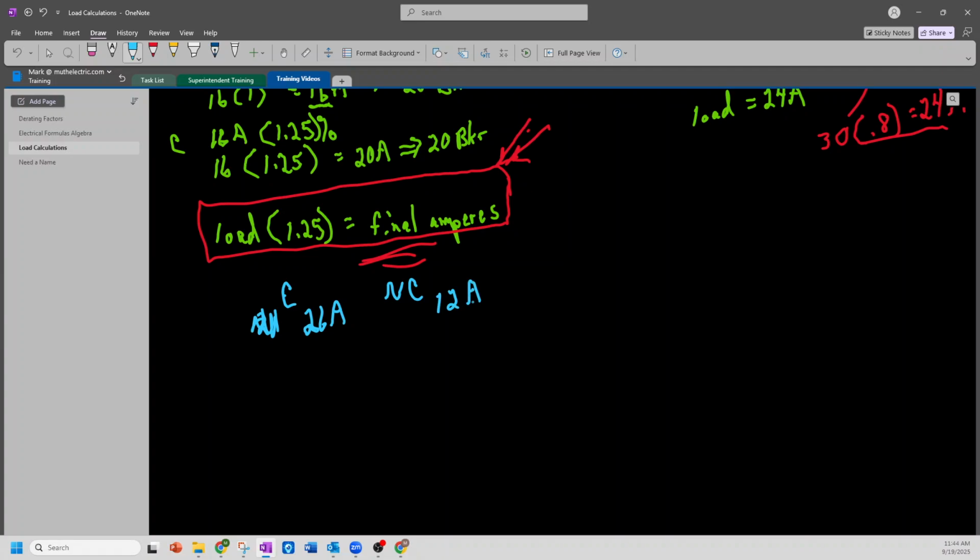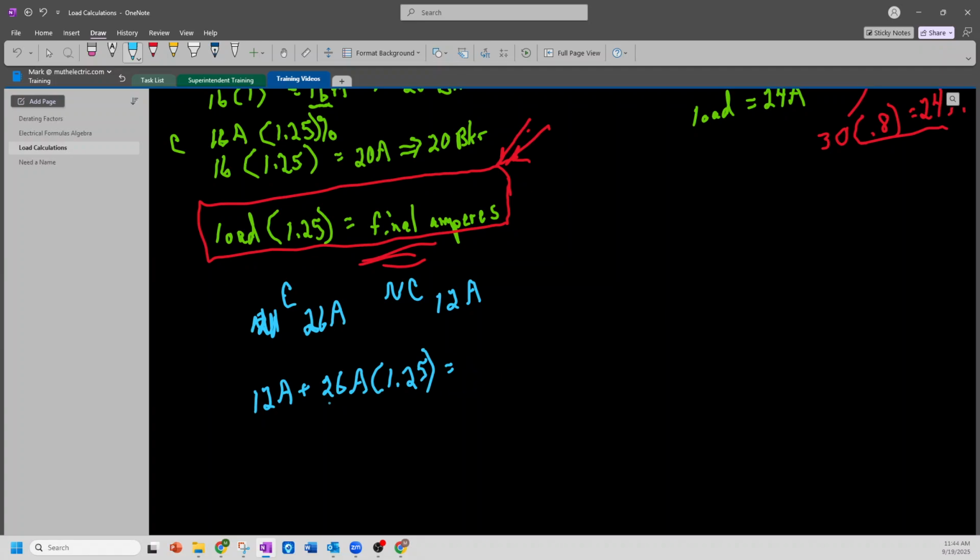So we take the non-continuous amperage, the full thing, plus 125% of our continuous amps, 1.25, and that's going to give us our final breaker.